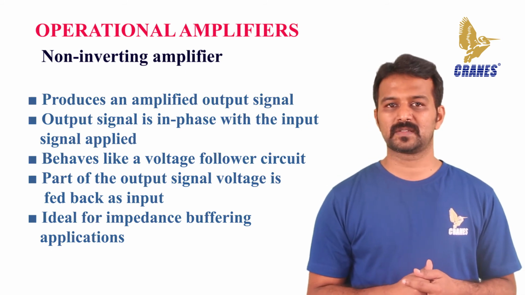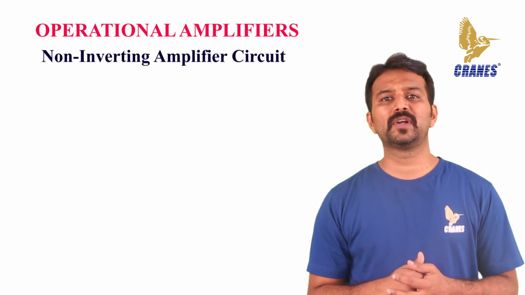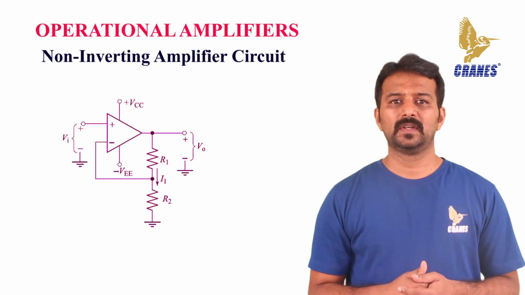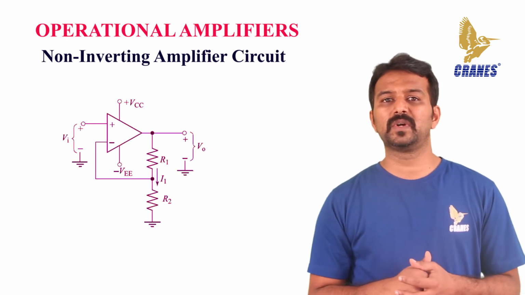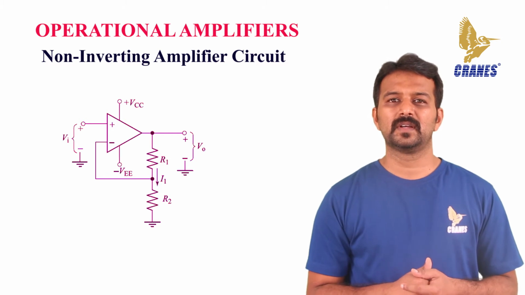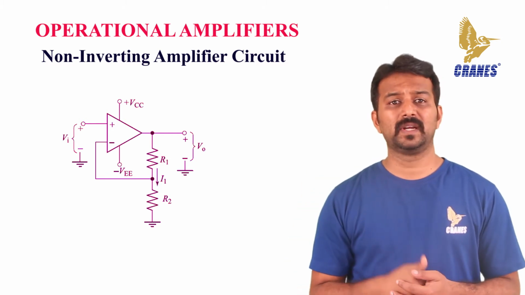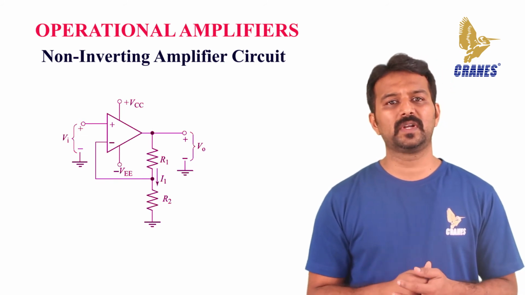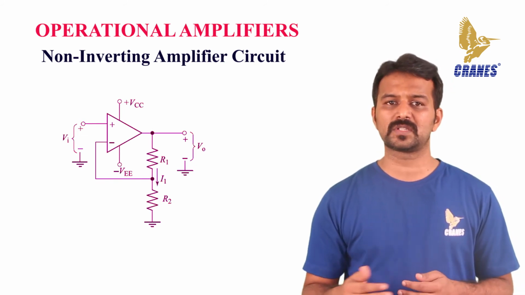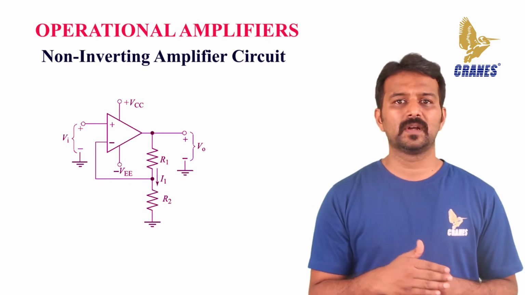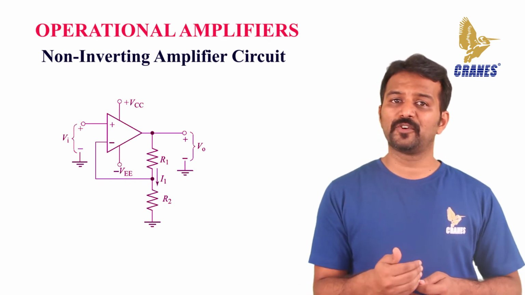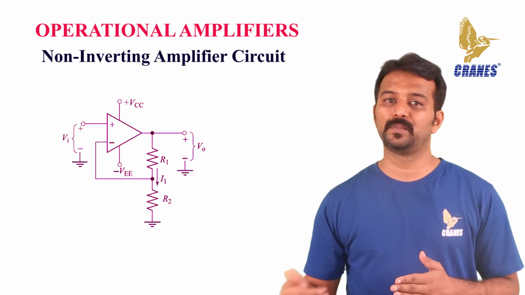The circuit diagram of an ideal non-inverting amplifier is as shown. As you can see from the circuit, the output voltage is potentially divided across the resistors R1 and R2 before it is applied to the inverting input.